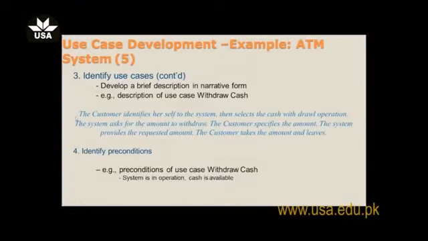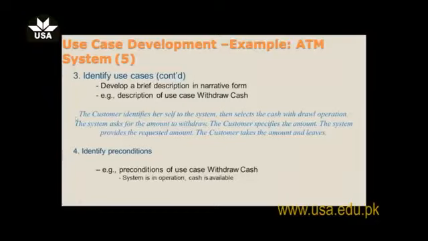So obviously the next step would be to identify the preconditions. The preconditions of use case withdraw cash would be: system is in operation and cash is available. Each functional requirement has a precondition, right? And preconditions should be met.